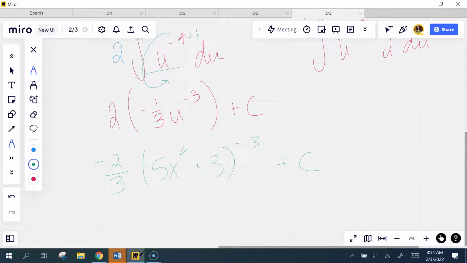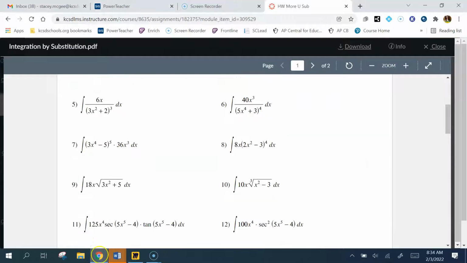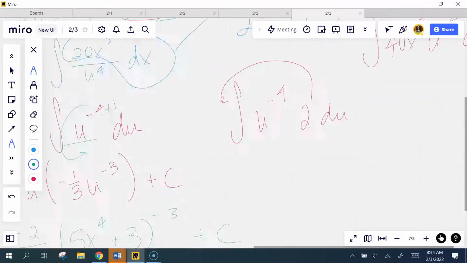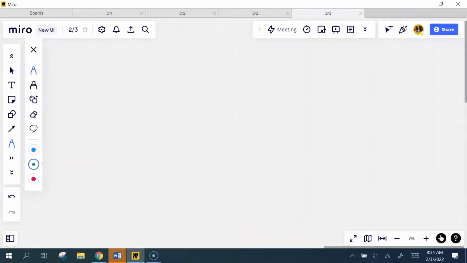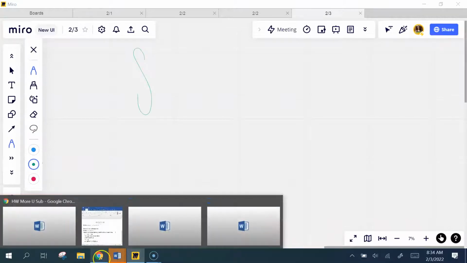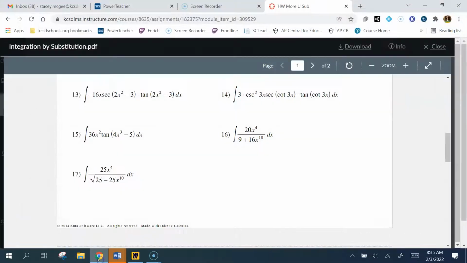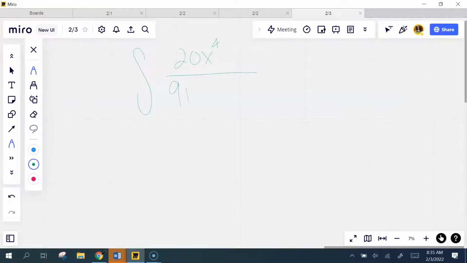What other one did you say? 16. Ooh. This one looks a little harder. What's the challenge here? You don't have one that's just one power less.